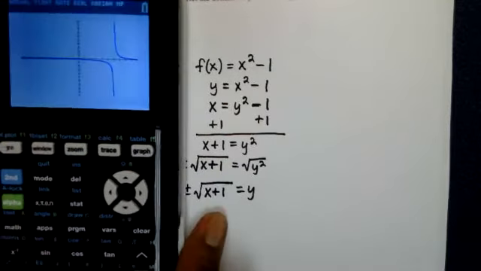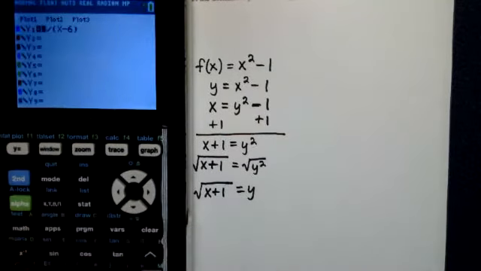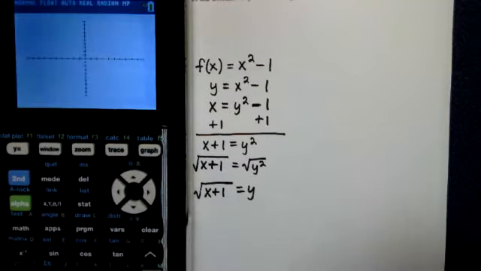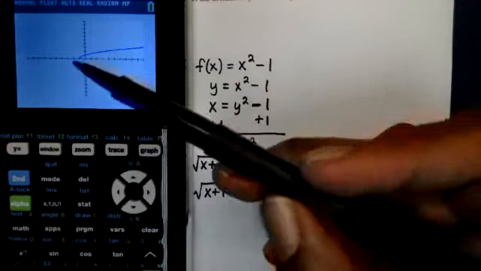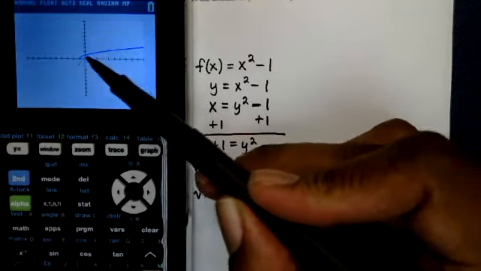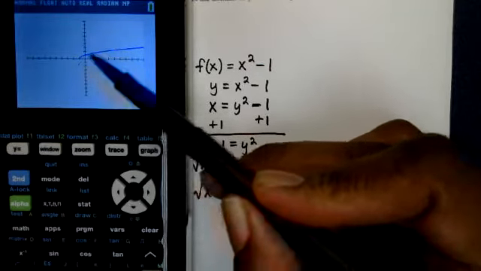Now, if I was to graph this on the calculator, I'm going to clear this out, go to y equals, and I'm going to do second x squared for the square root, and then get the x plus 1. Let's say I wanted to graph this. This would only work if x is greater than 1.